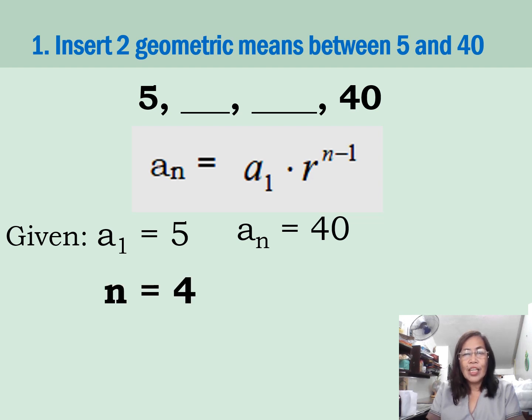So meaning there are 2 given terms plus 2 missing terms is equal to 4 number of terms. And so we don't have r, or the common ratio. We need to find the common ratio in order to determine the geometric means. So what is that number that we are going to multiply to 5?